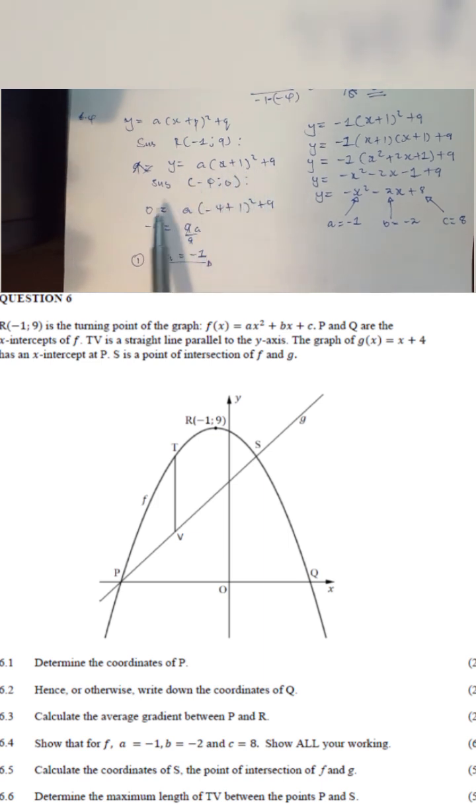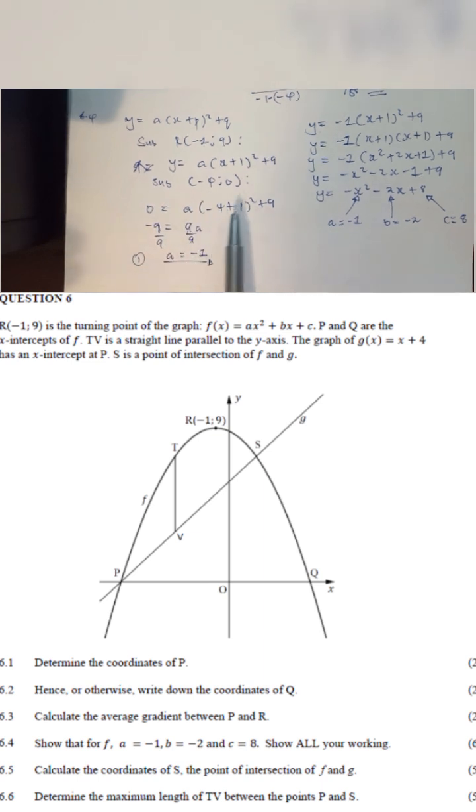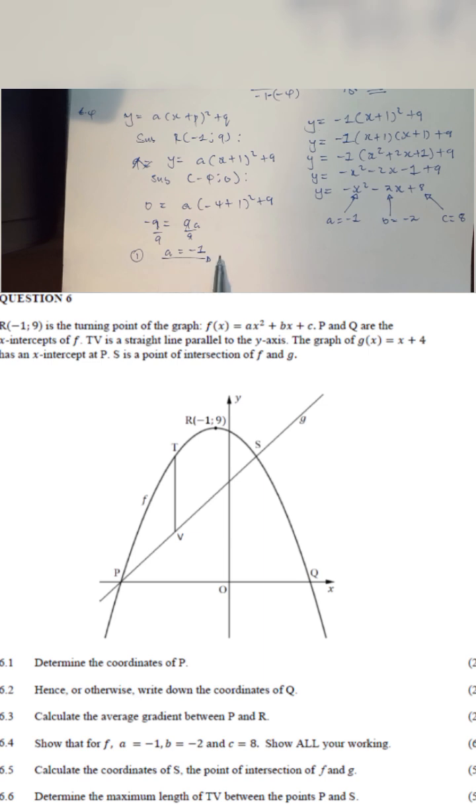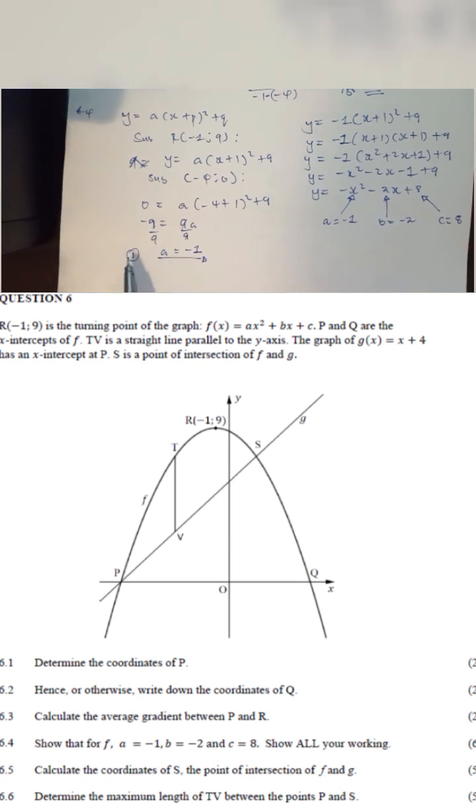Then we will have 0 is equal to a brackets negative 4 plus 1 squared plus 9. Take 9 to the other side, it becomes negative. Then we simplify and we'll be left with 9a on this side. We divide both sides by 9. Therefore, a will be equal to negative 1. So there we found the first one, a is equal to negative 1.